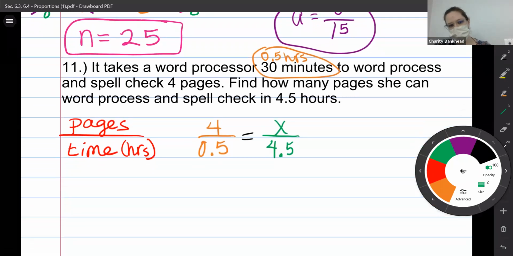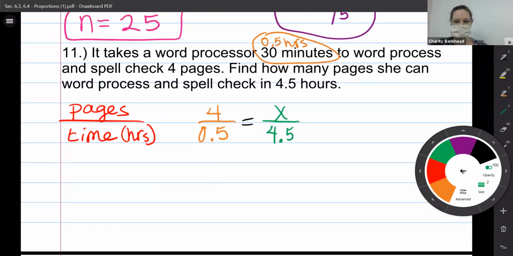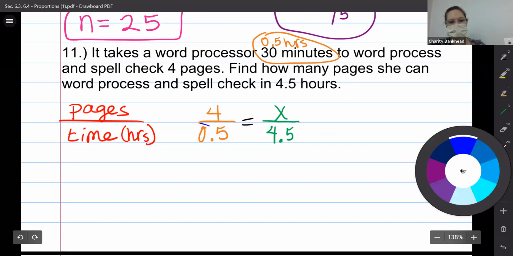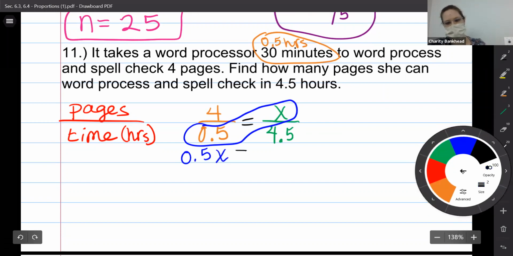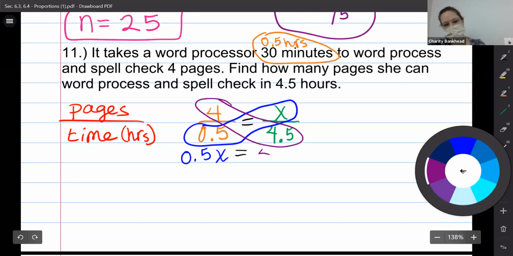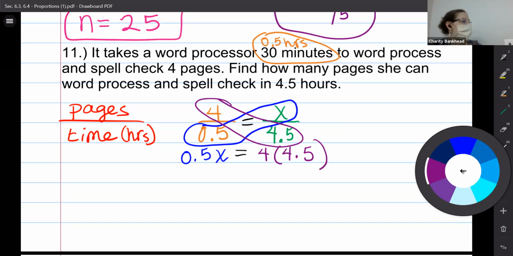And then from there, I'm just going to cross multiply. So 0.5 times x, so 0.5x equals, so 4 times 4.5. So 4 times 4.5 is 18.